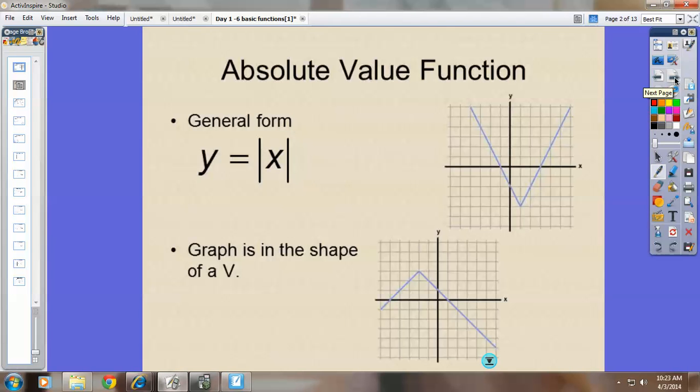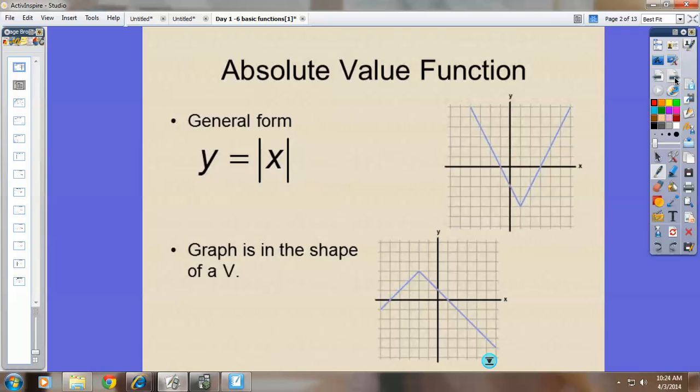The next type of function which we've talked about, have we talked about these? Yes, we've graphed these, are absolute value functions. What do those graphs look like? A V. They look like a V. So sketch a picture if you haven't already done so. Draw in what an absolute value function looks like.